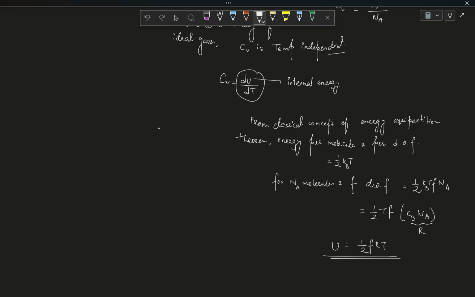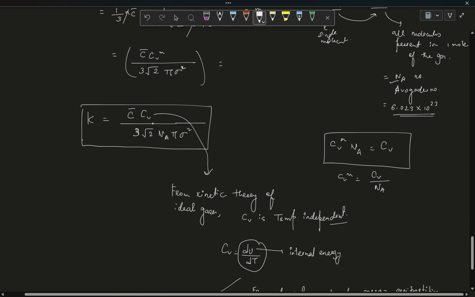Then CV is just the temperature derivative of this linear term of U. So this is just half fR, right? Because the derivative takes away the linear term in T. So this is temperature independent, a term that is nowhere dependent on temperature.